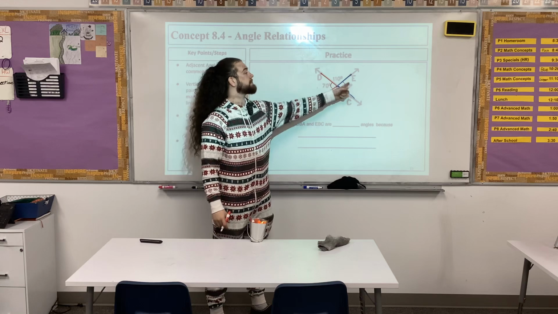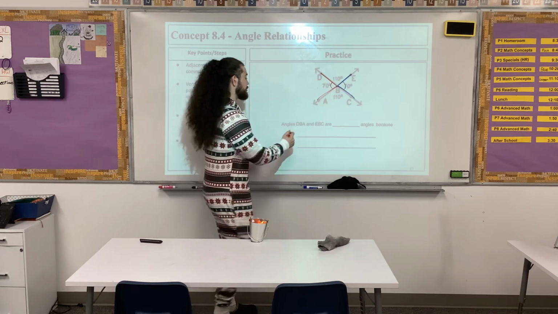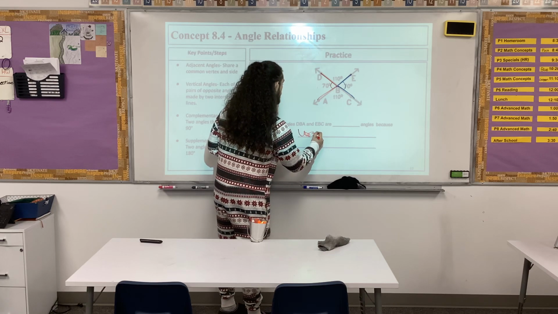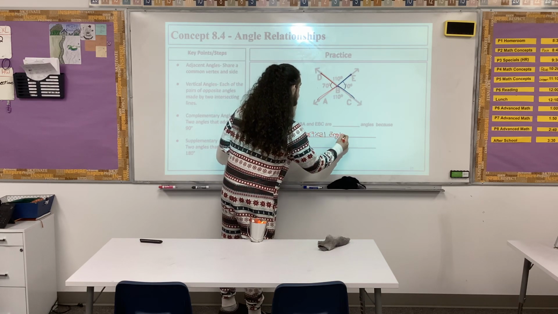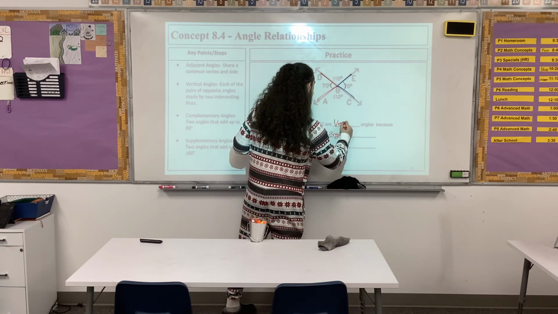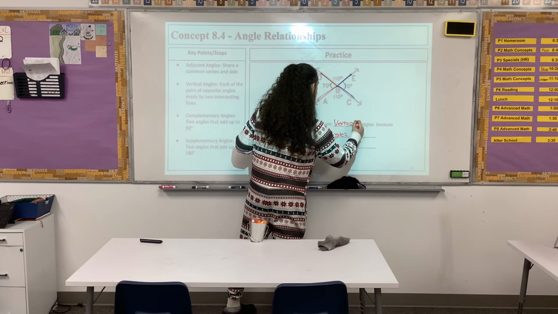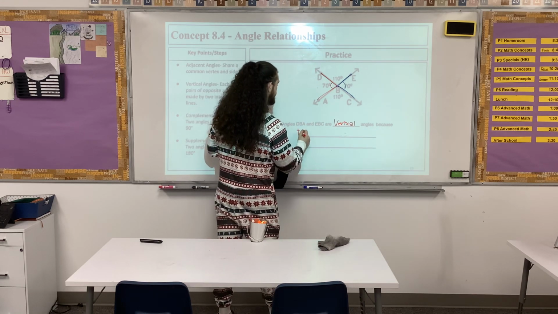Well, they are on opposite sides of intersecting lines. So these angles are vertical angles because they are across from each other.